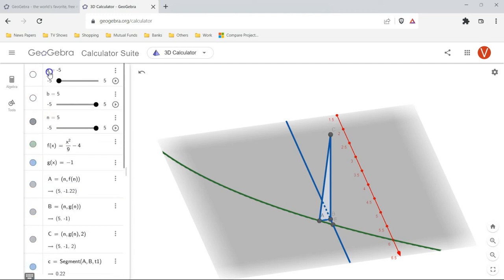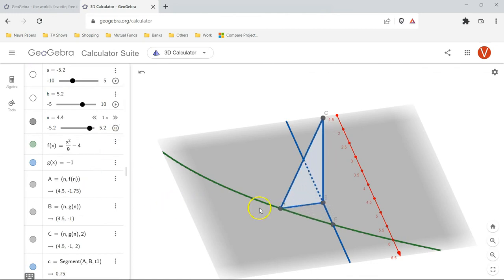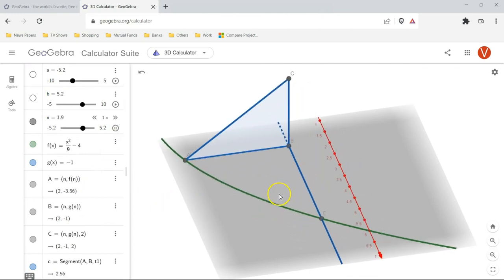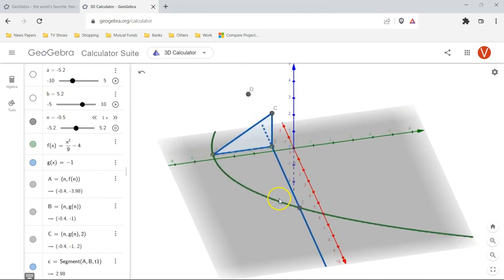Now what I'll do is I'll go here and change it to -5.2 to 5.2. And now if I play it, you will notice that it actually goes to the intersections.